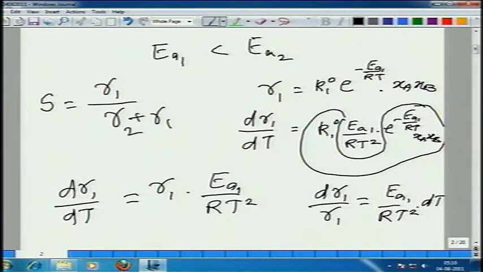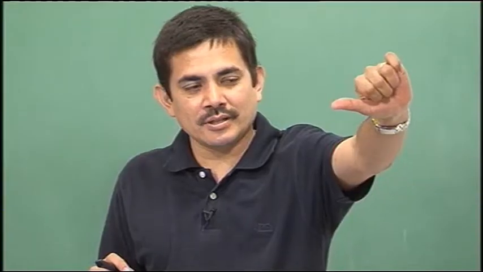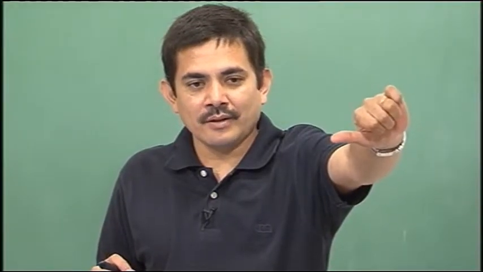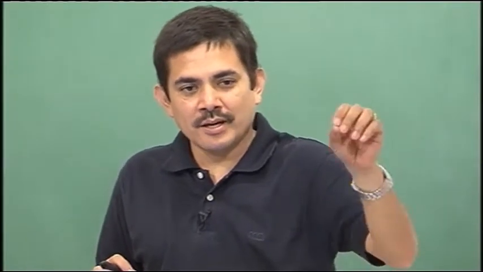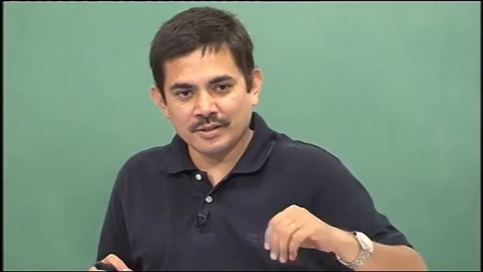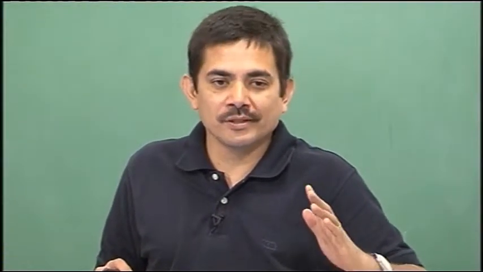Yeah. So, if right now my reaction rate was X, main reaction, and side reaction was Y, X changes by 2% when I change the temperature, Y would change by more than 2% because its activation energy is higher. Yes or no? All right.